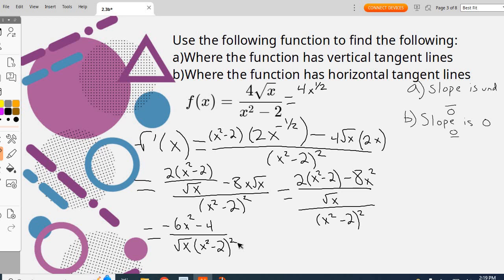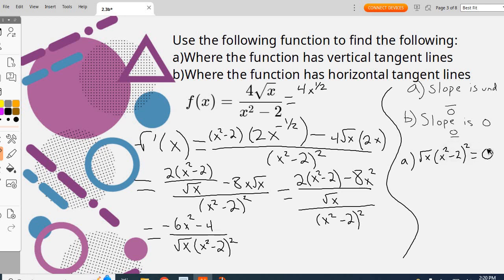But remember, what are we trying to do? For part 8, set which part equal to 0? The bottom equal to 0. But, lucky for us, that's already in factored form.